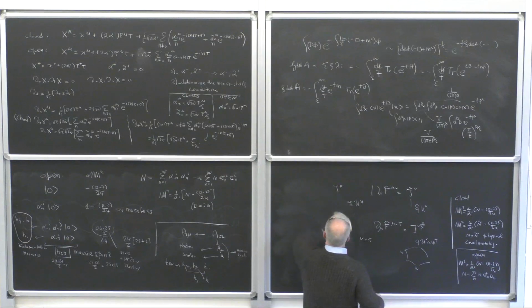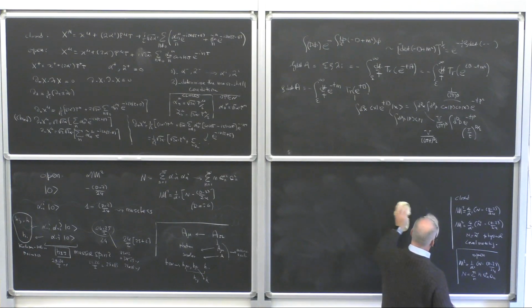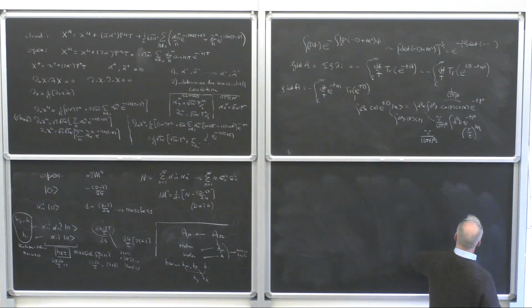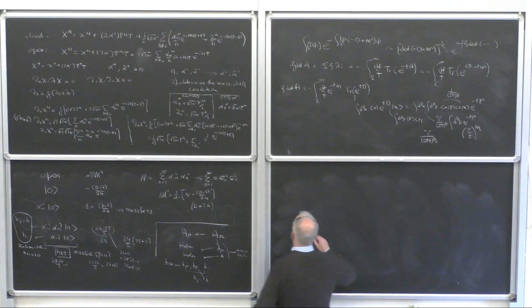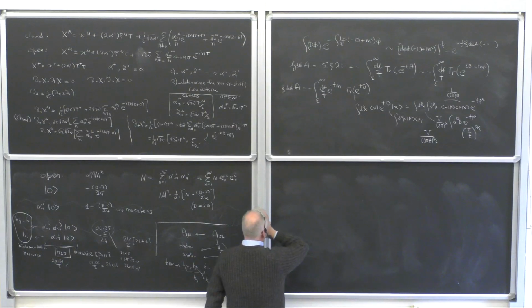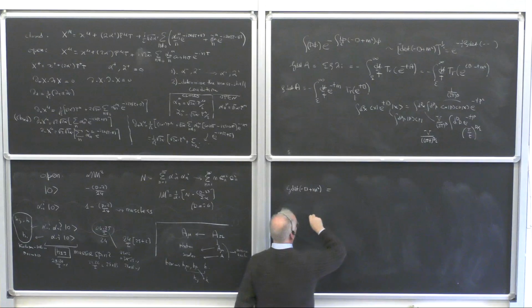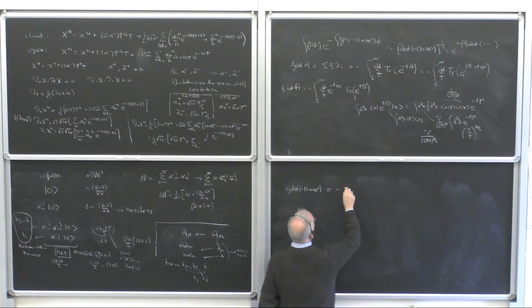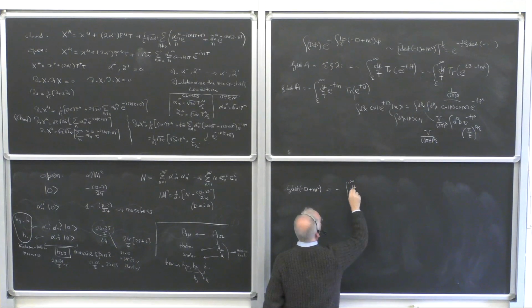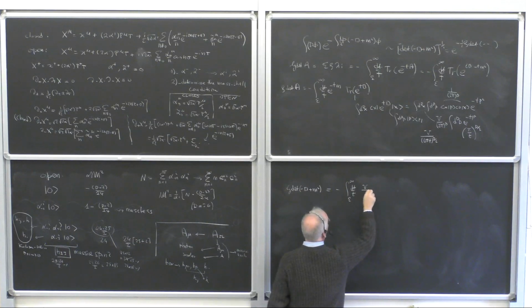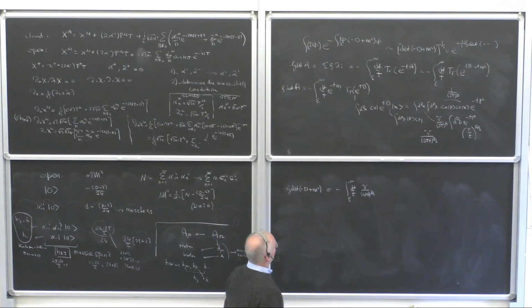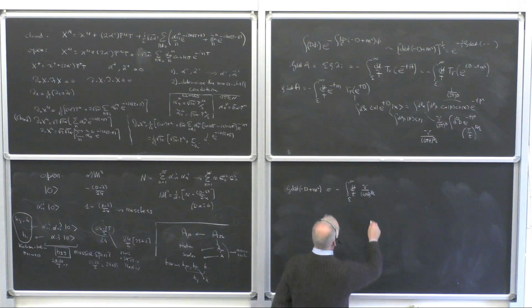We find that the log det of minus box plus m squared is equal to minus the integral from epsilon to infinity dt over t, and then there is this factor V over 4 pi t to the d over 2, and then the only thing that is left is e to the minus t m squared.